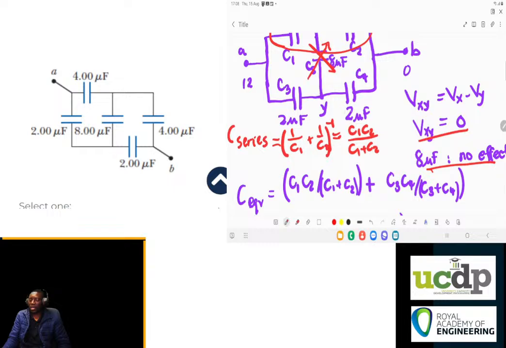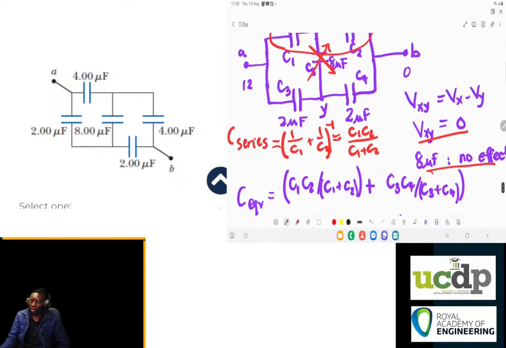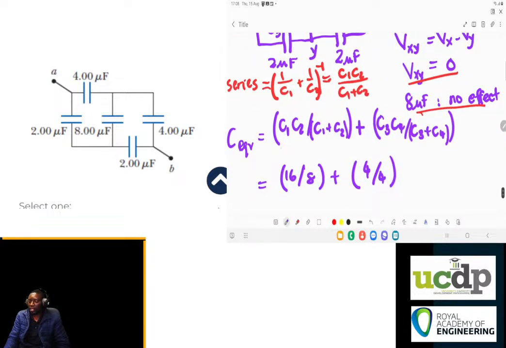Because the two are also in parallel, we simply add the equivalence of the top capacitor and the equivalence of the bottom capacitor. So this is equivalence C top. This is equivalence C bottom.